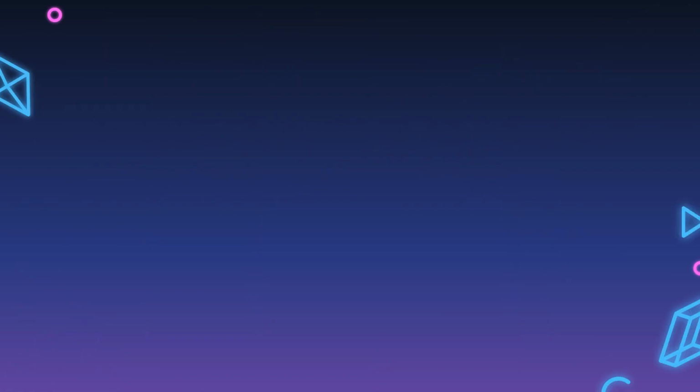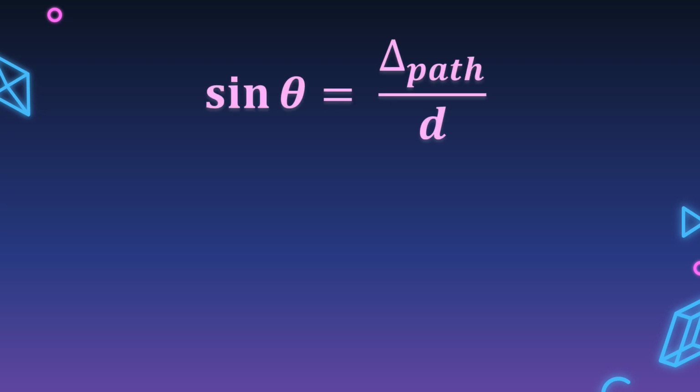Using the double-slit experiment, we now have this equation: sine theta is equal to the path difference over the distance d between the two slits, which gives us an expression for the path difference.